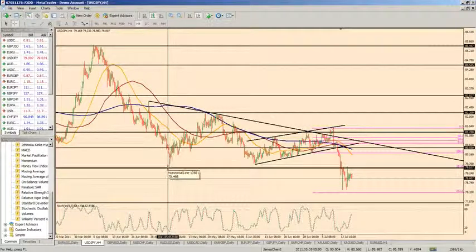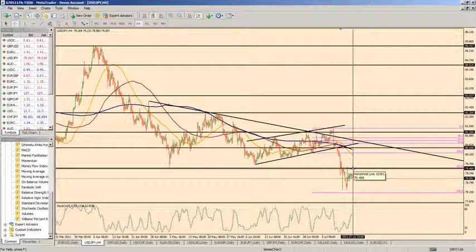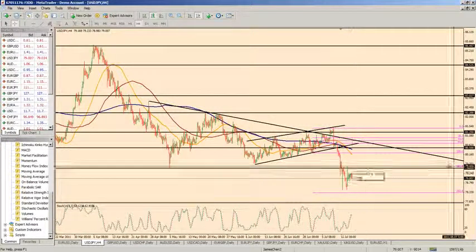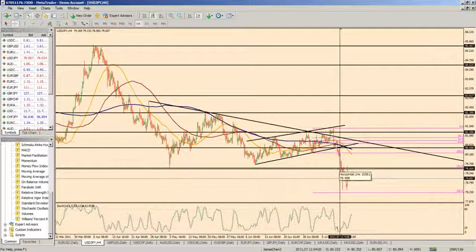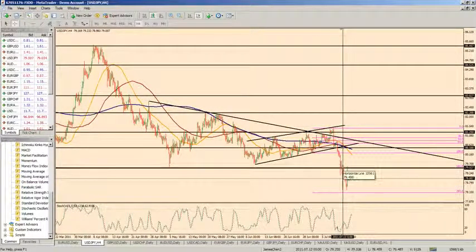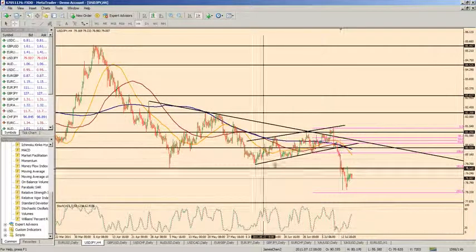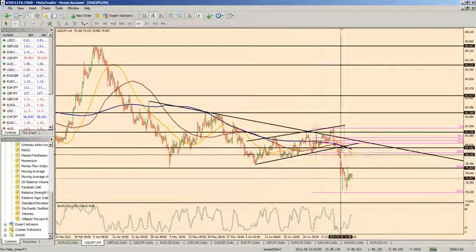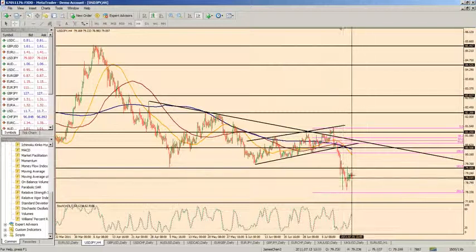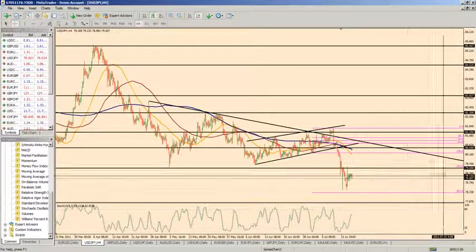And I always talk about confluence. Not only is it a prior support level, 79.50, but it's also a 161.8% Fibonacci level, and therefore it's generally speaking a good target if there was a breakdown below this channel here. And there was. So that was a good target to the downside. And right now we're in consolidation.